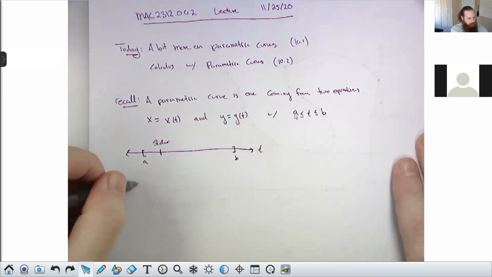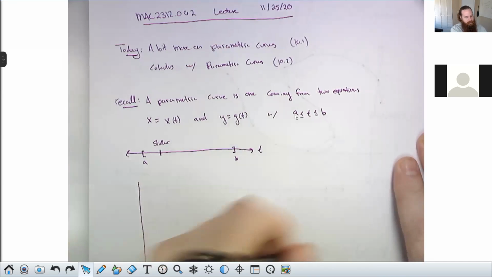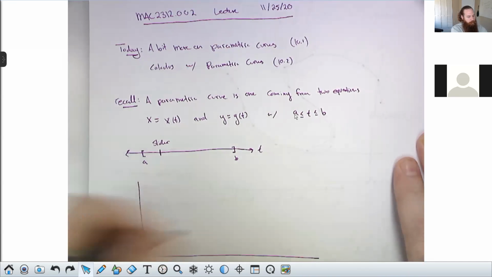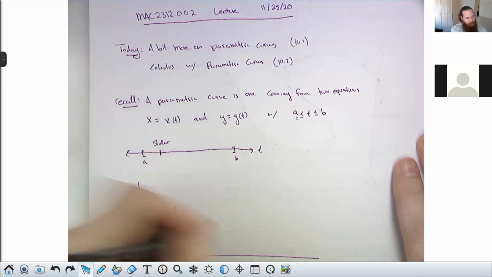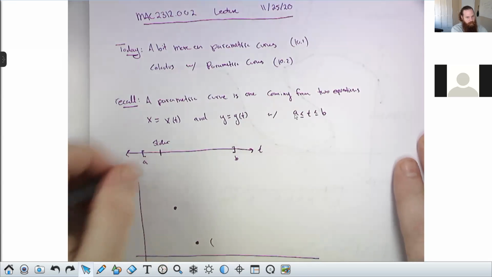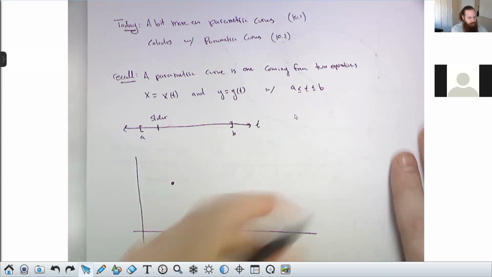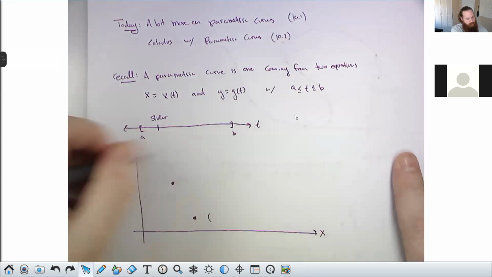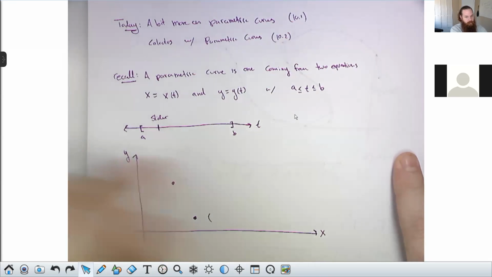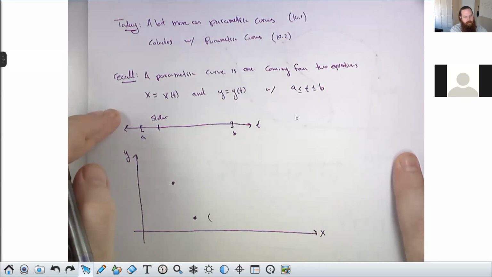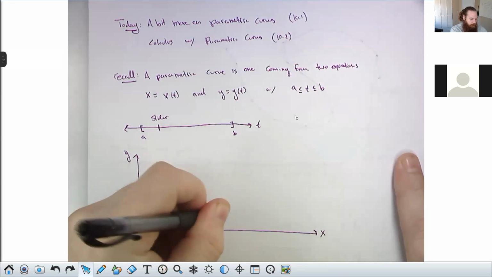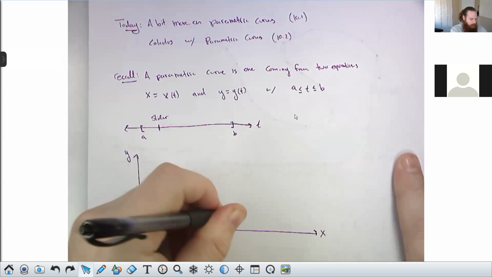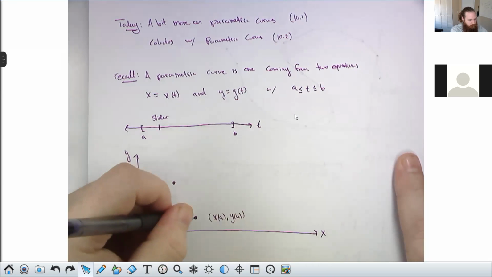And then, as that slider moves, you have a point over here that sort of moves around. So maybe here's the point associated with time t equals a. This is the x-axis. This is the y-axis. There is no t-axis here. Your t-axis is totally separate out somewhere else. This point would be x of a, comma, y of a. We call that our initial point.